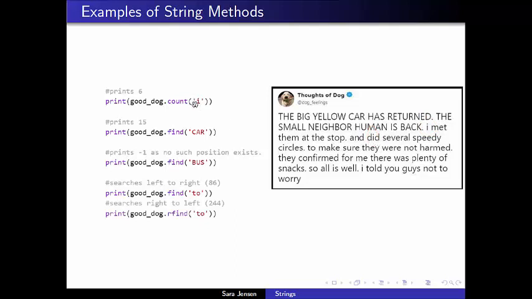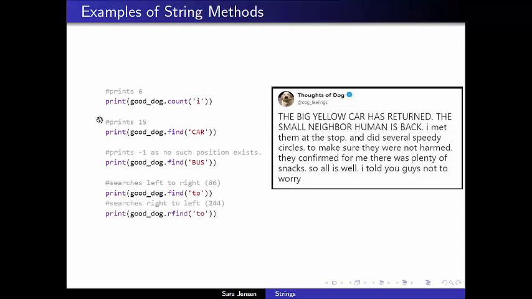Because I did not put a space before this I and a space after this I am not forcing the count function to find the I by itself, and any occurrence of the lowercase I will be counted. So indeed, this I that occurs in the middle of the word did is being counted by this count function. So that's 2. There's an I in circles for 3, an I in is, and an I right here, and those all together make the 6 counts of this letter I occurring within the good dog variable.